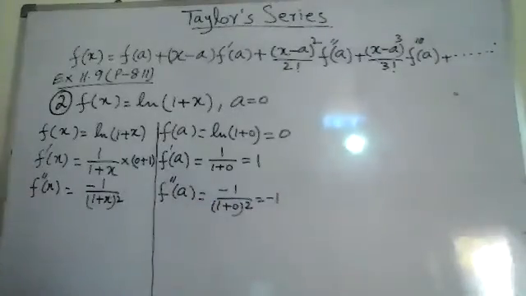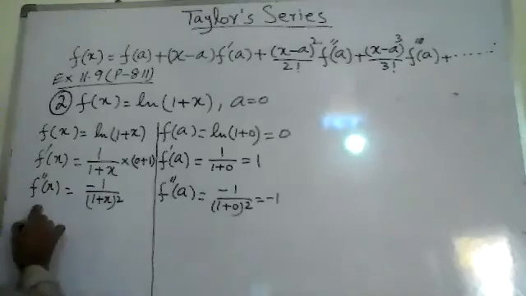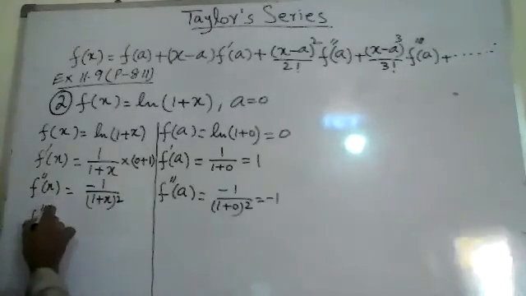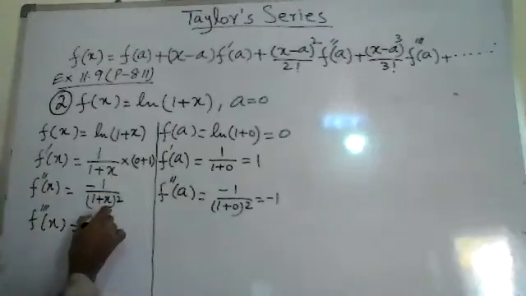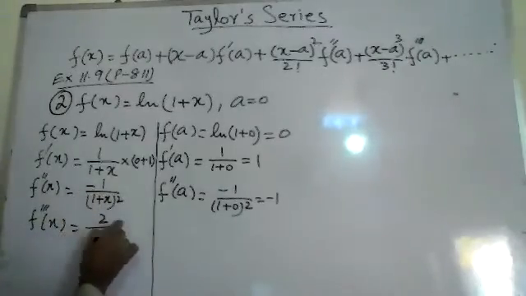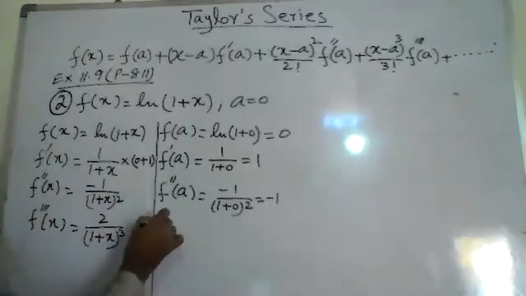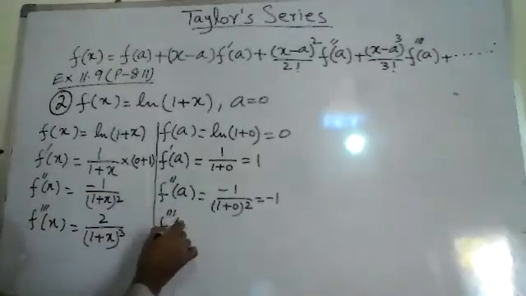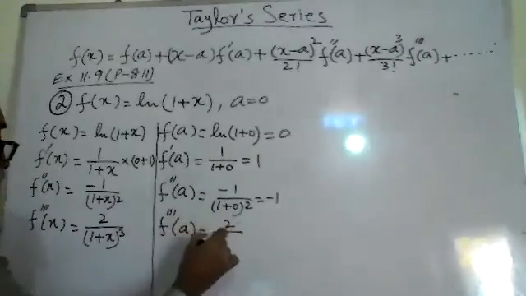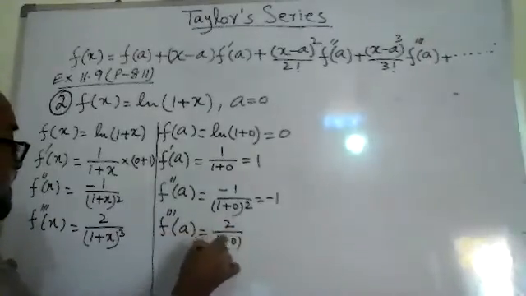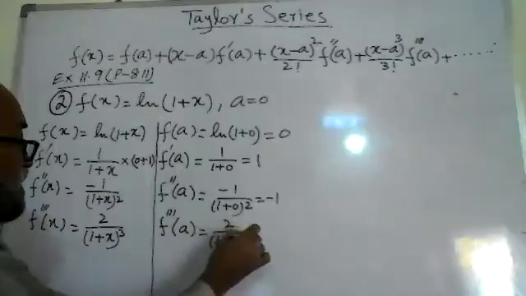The third derivative: minus into minus 2, minus into minus will be plus 2 upon 1 plus x raised to power 3. f triple dash a is equal to 2 upon 1 plus 0 raised to power 3, which is equal to 2.